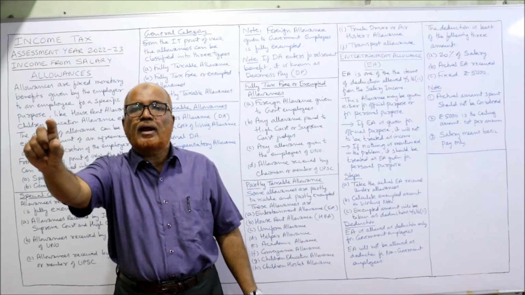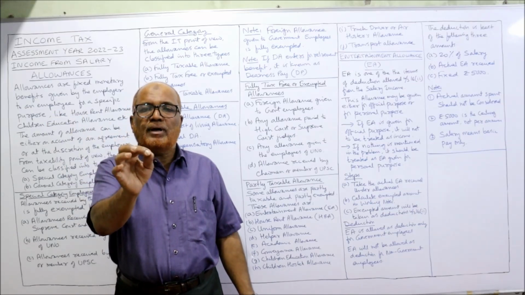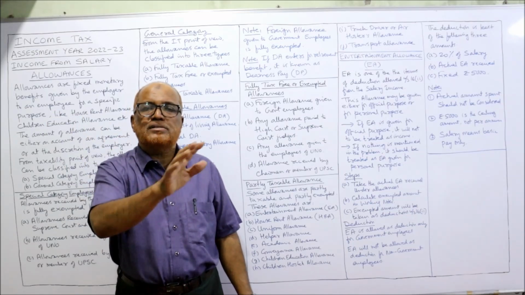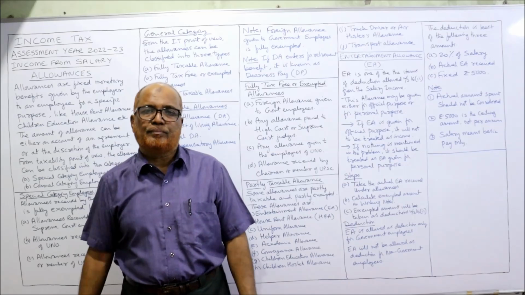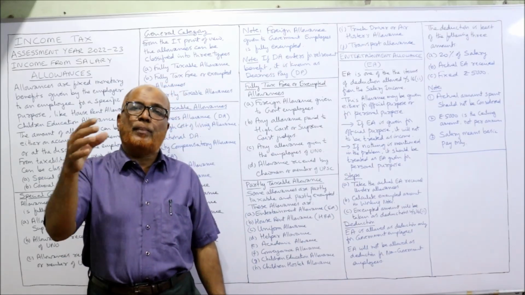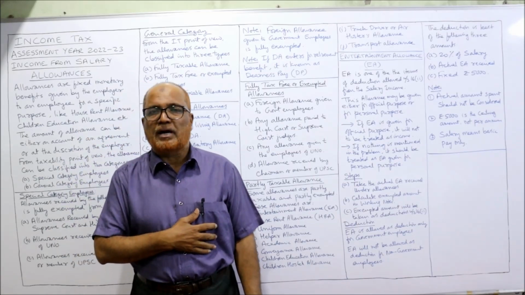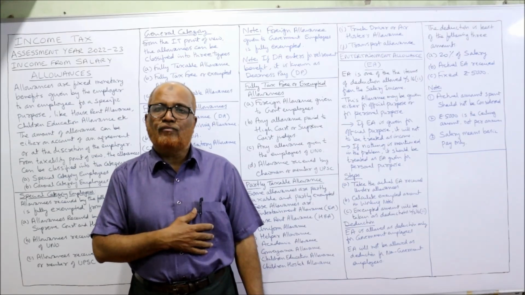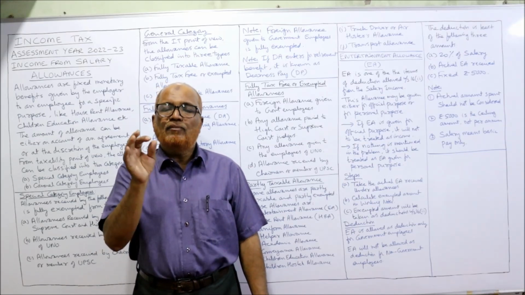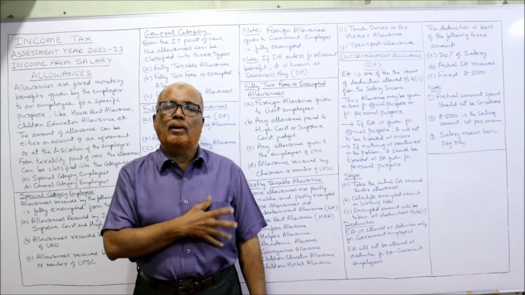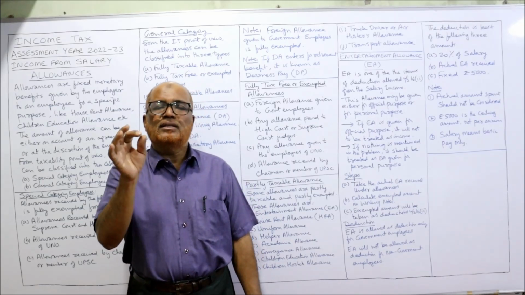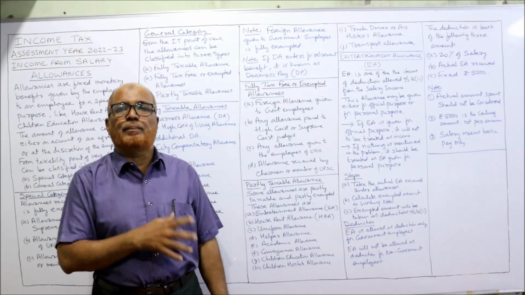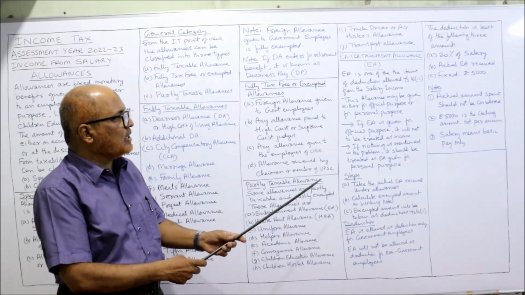In the working note you should write down: allowances given by the employer for official purpose are not taxable, not an income. Allowance given for personal purpose is partly taxable, partly exempted, or fully taxable. So if nothing is mentioned in the problem, then you have to assume that the allowance is given for personal purpose, not for official purpose.